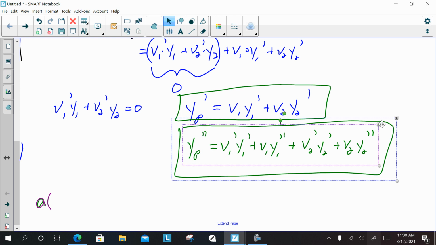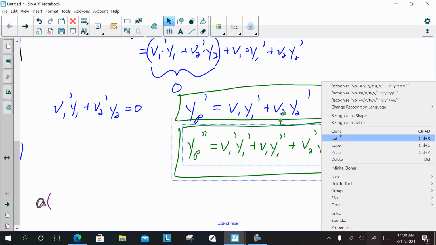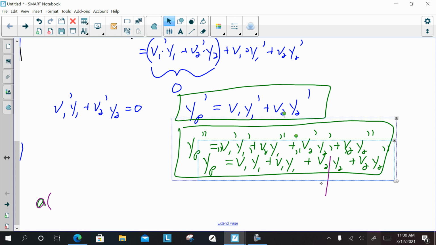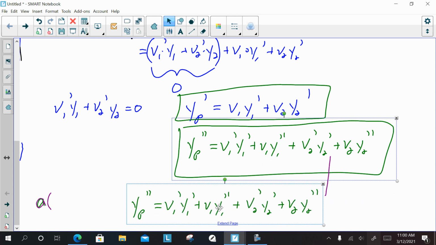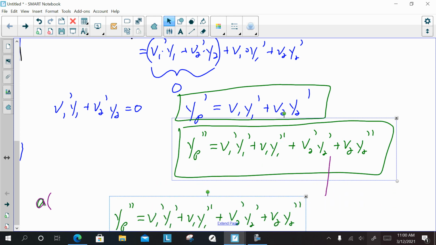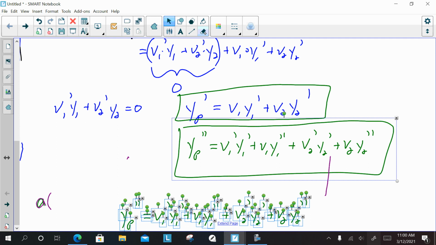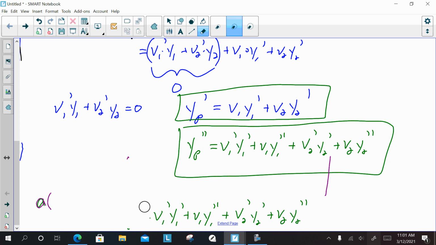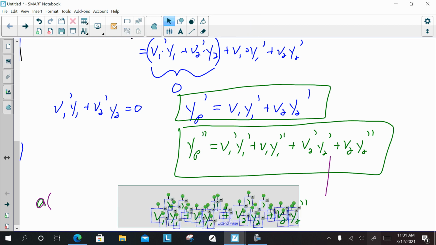Let's see if we can copy this. So this is our second derivative. So we have A times all of this.